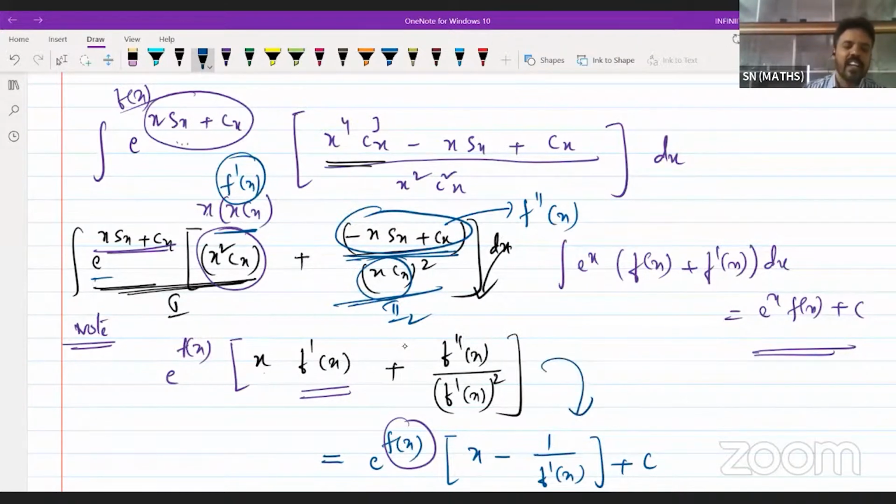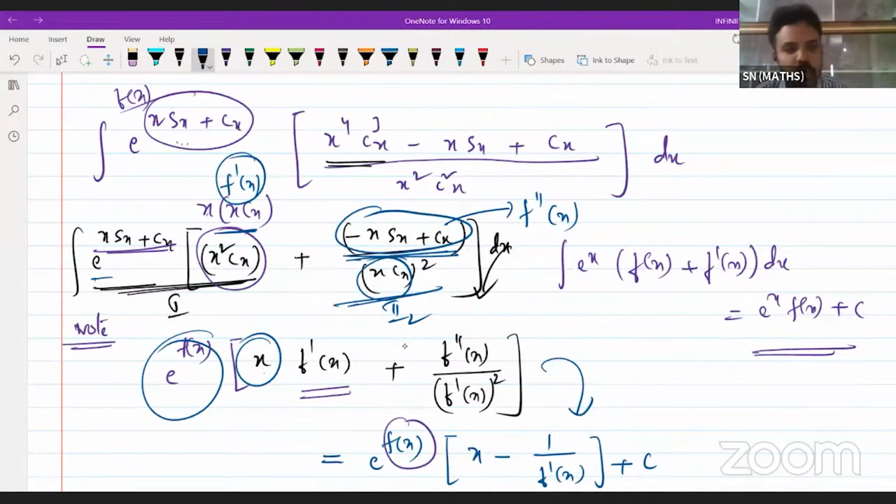Hence, we can write the answer e power f of x into x minus 1 by f dash of x. If you remember this formula, this logic, we'll get the answer in one step, so that so much time will be available. With that time we can spend on the remaining subjects or the remaining questions. I hope you are following.